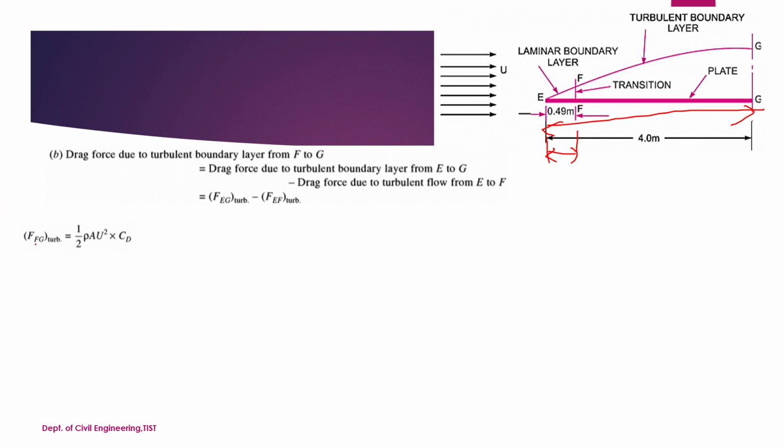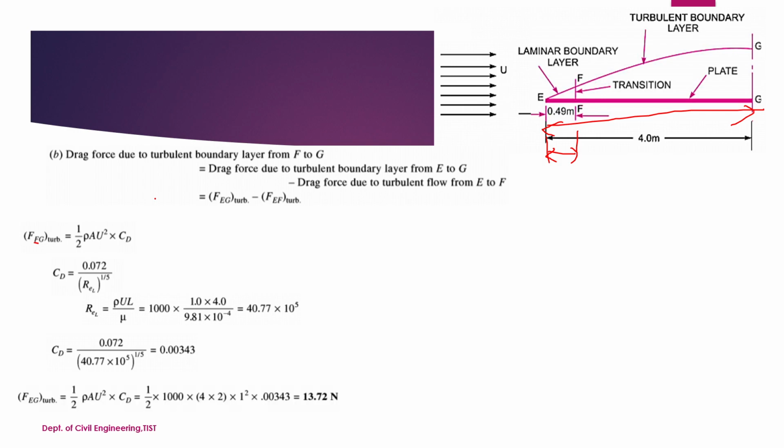So we'll first find out the turbulent drag force for EG. F_EG is equal to this equation. You can apply this equation because here the boundary layer is starting from thickness 0. When you apply it, here the equations for turbulent boundary layer are used. We are assuming that it is turbulent boundary layer.